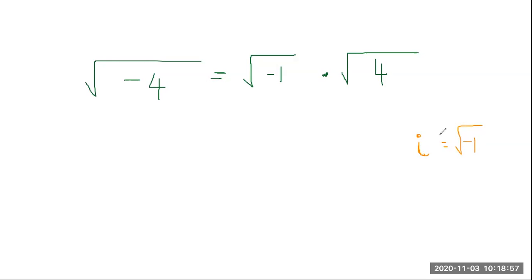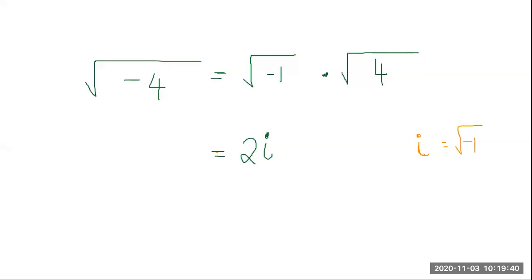So wherever I see the square root of -1, I can replace it with I. So in this case, this right here is I, and the square root of 4 is 2. So my answer would be 2I.